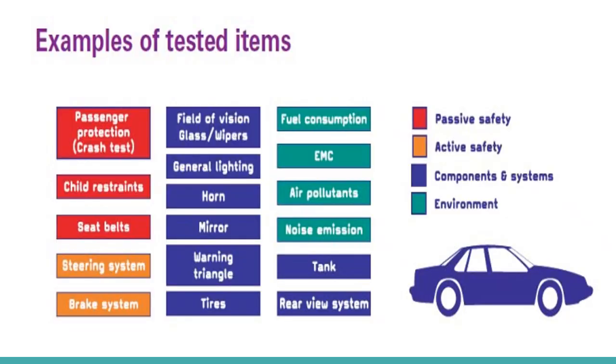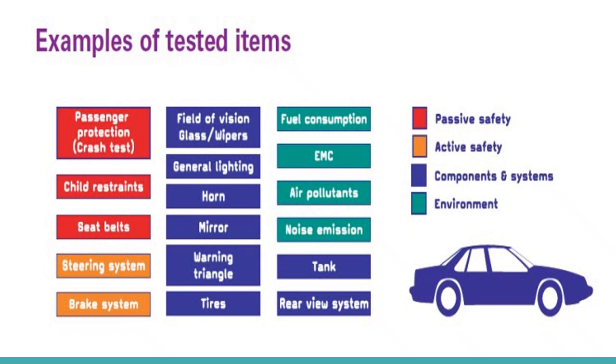Example of tested items: one is the car. Passive safety is important for testing. Moderate active safety, moderate component and systems is medium. Environment is the signal for the green light.